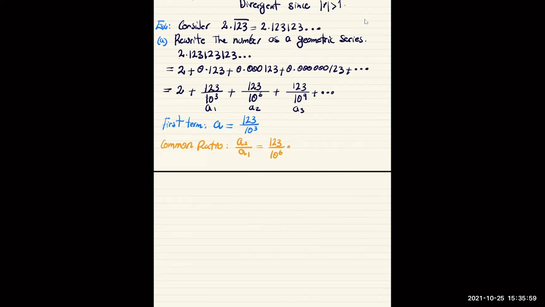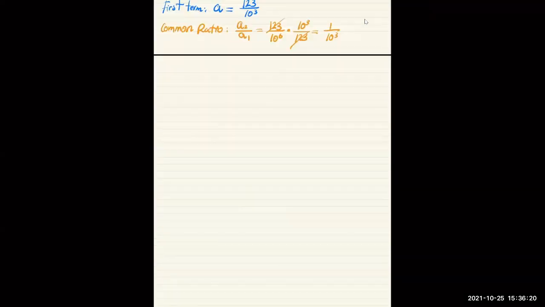Dividing is the same as multiplying by the reciprocal. A1 here is 123 over 10 cubed, so when you reciprocate, you get 10 cubed over 123. The 123 is canceled. 10 cubed over 10 to the 6 is 1 over 10 cubed, and that is the common ratio.